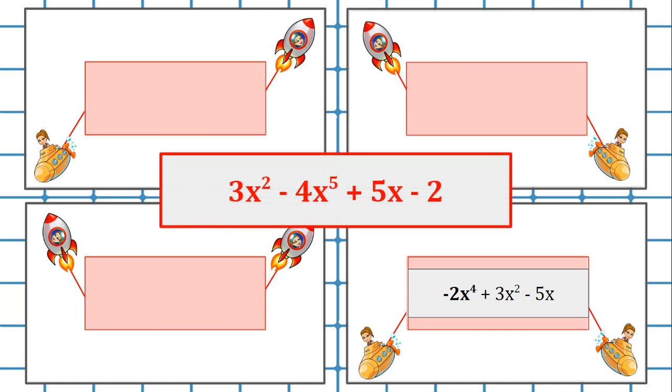Next one. 3x squared minus 4x to the fifth plus 5x minus 2. It's important to recognize in this one that it's not in standard form. X squared is not where your degree is found. -4x to the fifth is where your information lies. So this has an odd exponent, which means your end behaviors are going in two different directions.